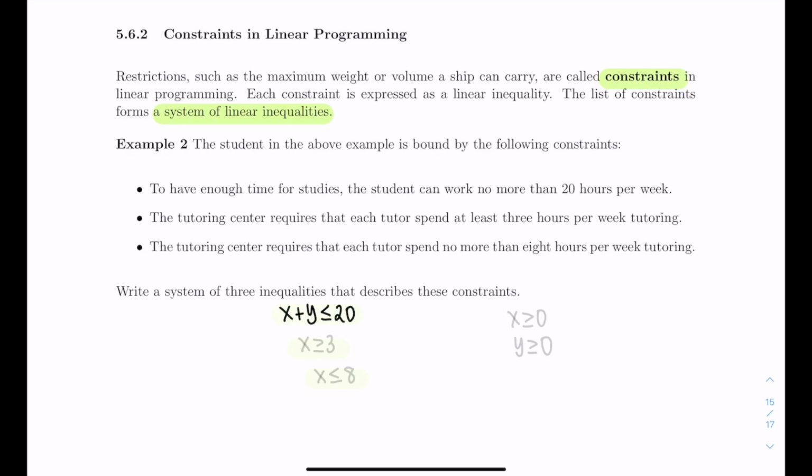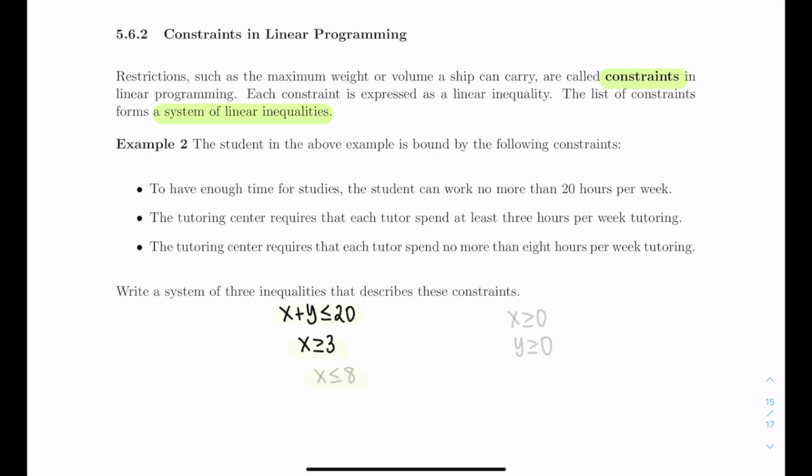The second one says that the tutoring center requires that each tutor spend at least 3 hours per week tutoring. Okay, so that tells me X, which was the number of hours tutoring, has to be at least, which means greater than or equal to 3 hours. And the last bullet point says that the tutoring center requires that each tutor spend no more than 8 hours per week tutoring.